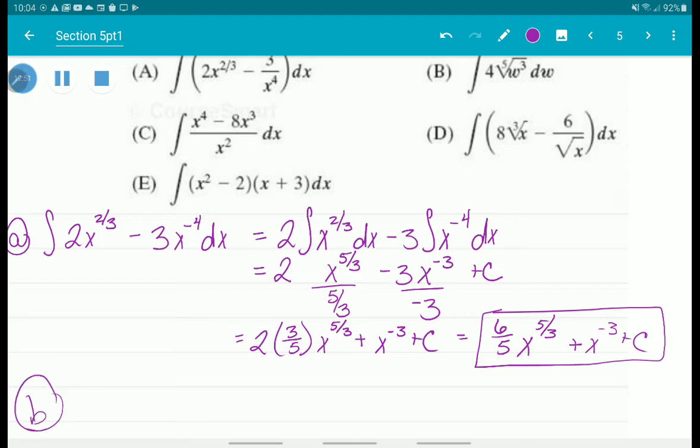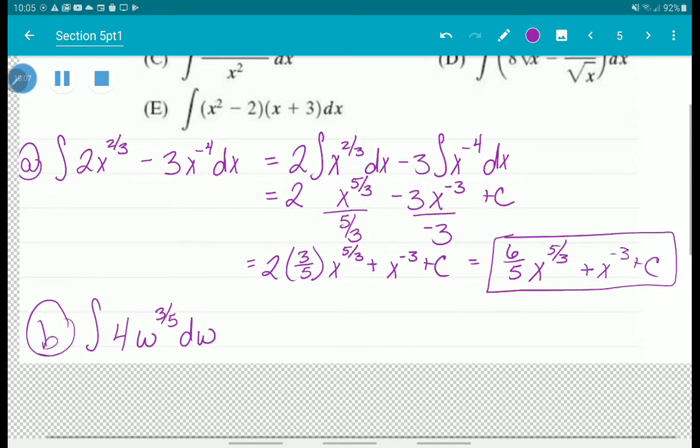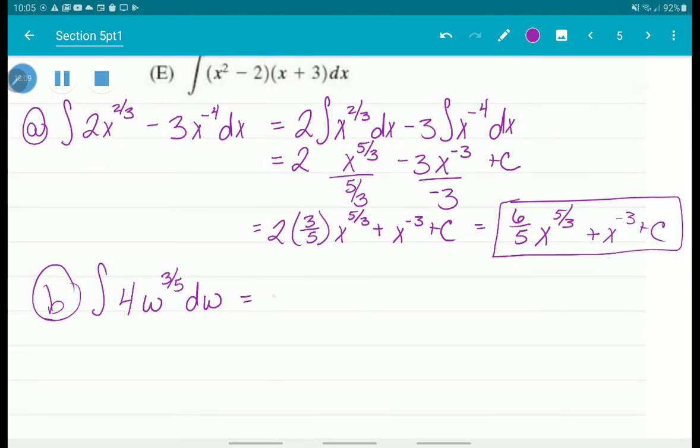So in B, we are integrating 4 times the 5th root of w cubed dw. We can rewrite that 5th root as w to the 3/5. So we're going to add 1 to the exponent, which will give us an 8/5, and then we're going to divide by our exponent.